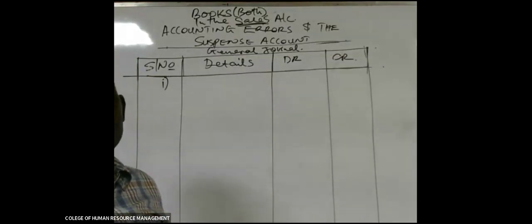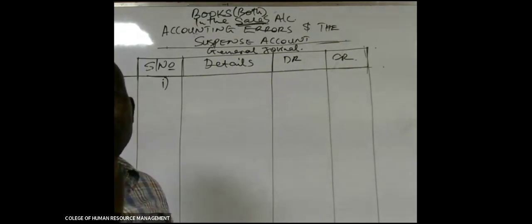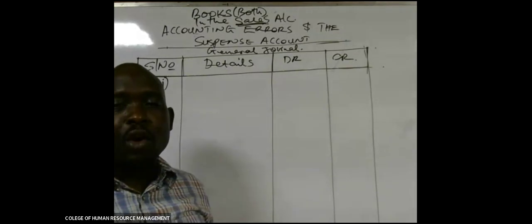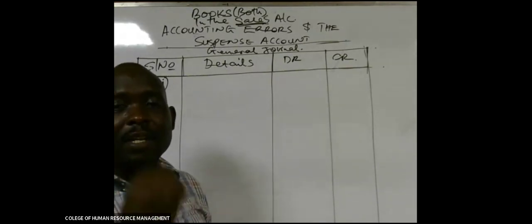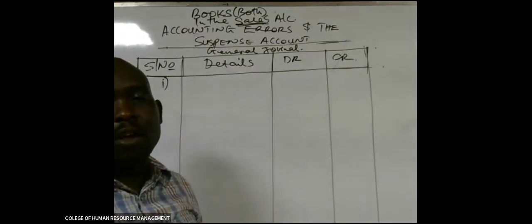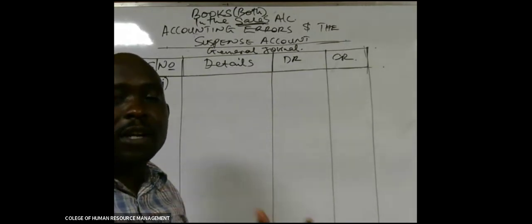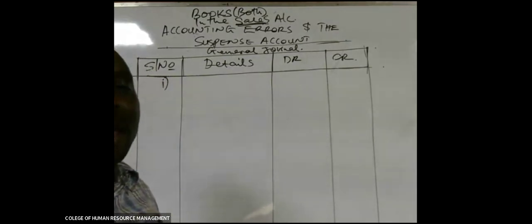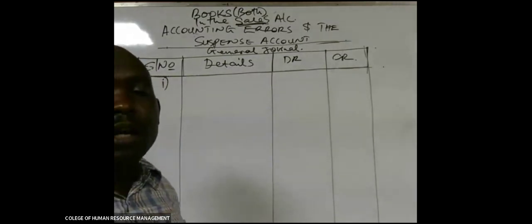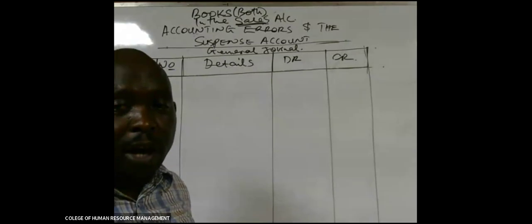So what are we going to do? We need to top up the 90. Sales account by rule and by practice is always credited. So we forgot to credit 90 shillings in the sales account. Because it is always credited, we shall credit that 90 there. Do we have an account where we shall do the debit entry? We don't have.